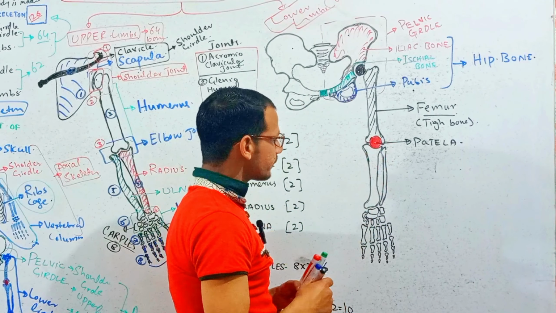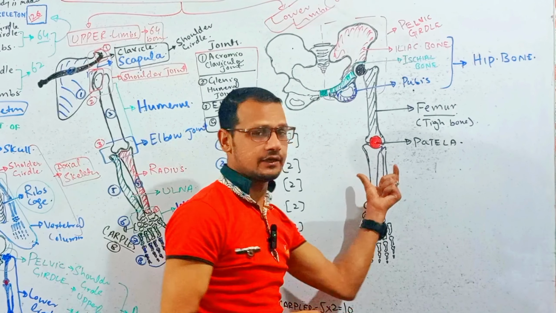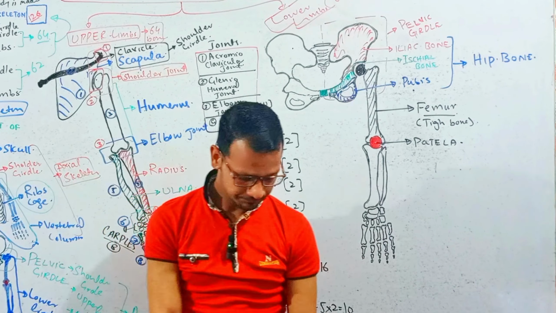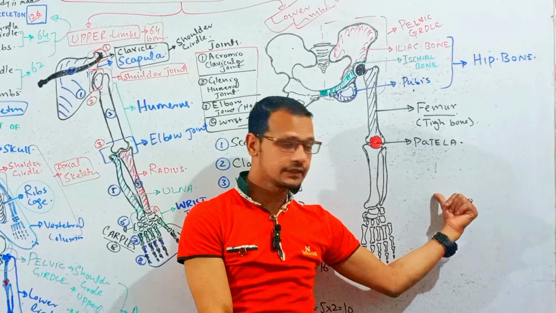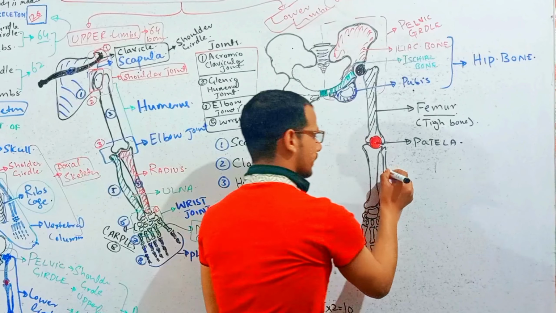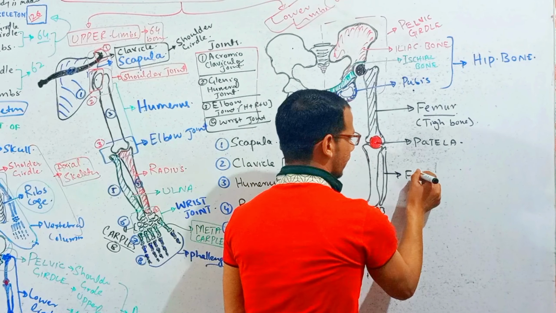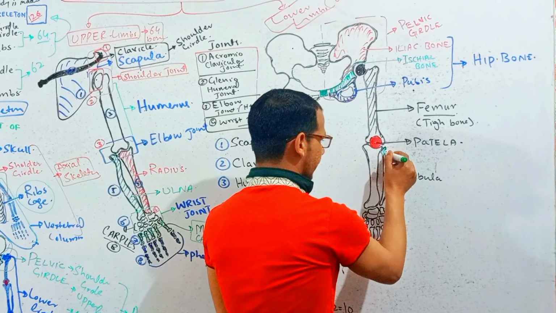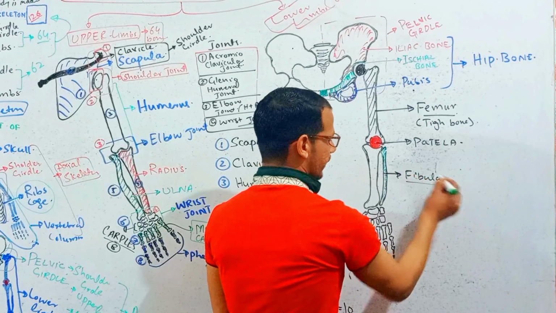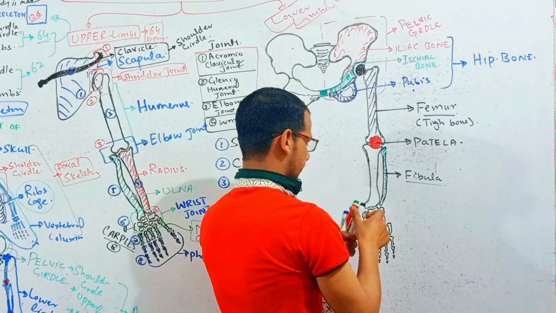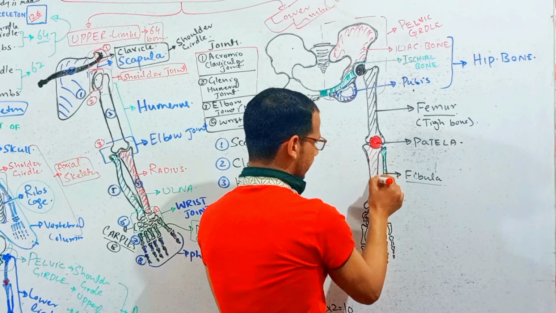Next we have the left side of the lower limbs. On the left side, this is the lateral side, and this is the medial side. Laterally we have the fibula, and I am shading this bone in green color, right? And I am shading this bone in red color.